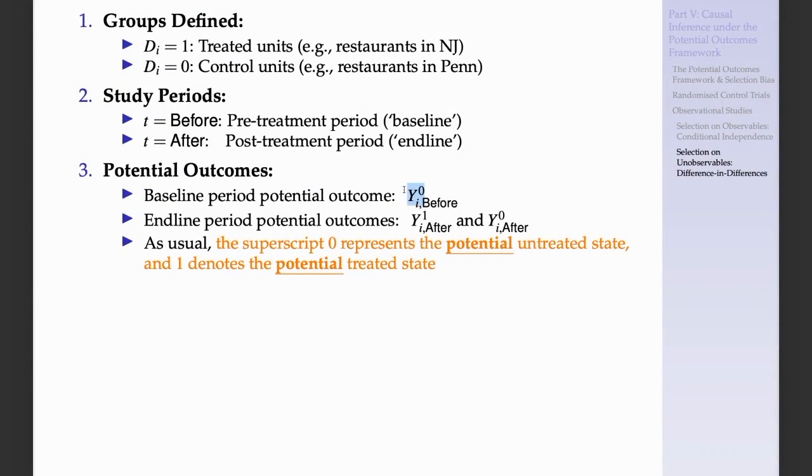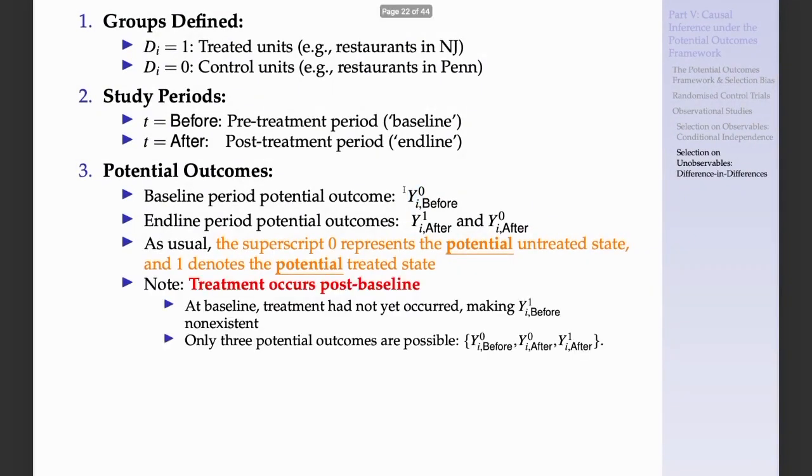So we can see here that we only have one potential outcome for the baseline, which is the untreated state outcome. And this is really because the treatment only occurs post-baseline. So at the baseline, regardless of whether one is in the treated group or in the control group, they all have the same potential outcome, the untreated state. So there's no treated state outcome at the baseline.